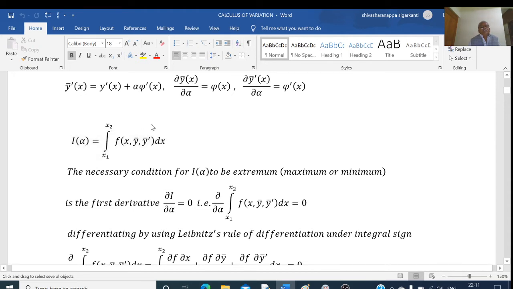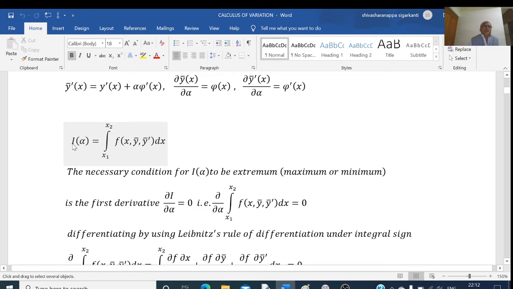After integrating this and substituting the lower limit x1 and upper limit x2, where y bar and y bar dash are functions of x, we get this only in terms of alpha. Therefore, after integrating and substituting the limits, we get this as a function of alpha.